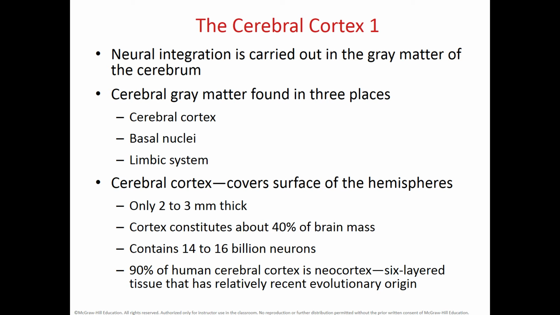Now, the cerebral gray matter is found at the cerebral cortex, basal nuclei, and the limbic system. The cerebral cortex has a thickness of 2 to 3 millimeters. It makes up 40% of the brain mass, and it has between 14 to 16 billion neurons. And 90% of the human cerebral cortex is found in a region called the neocortex, which has 6 layers.